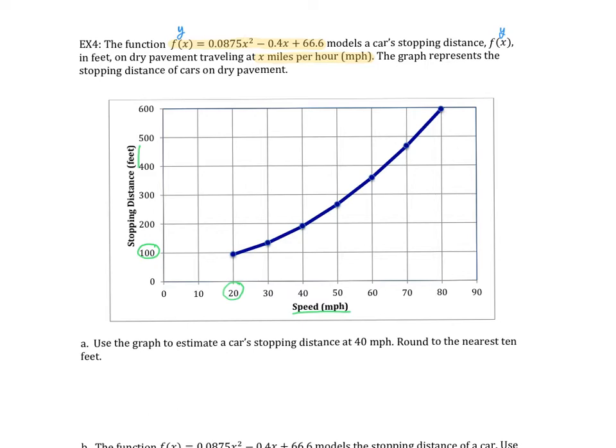In question A, it says use the graph to estimate the car's stopping distance at 40 miles per hour. Here we're just using the graph, not the equation. If I look at 40 miles per hour, it corresponds to this point, which looks like it's just under 200. Maybe 199 would be an okay estimation.